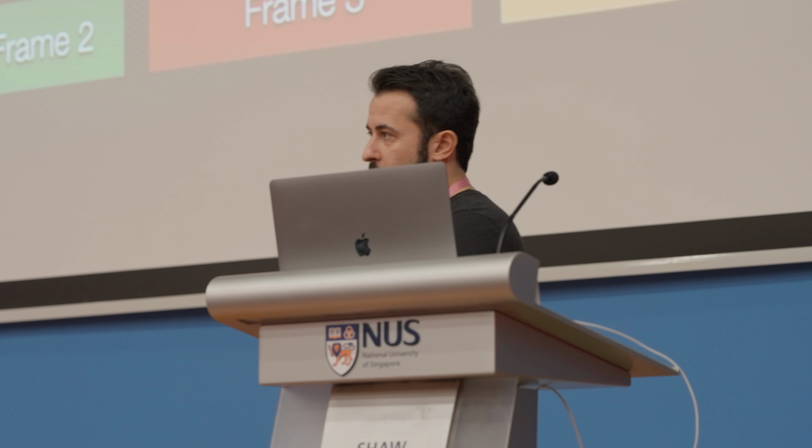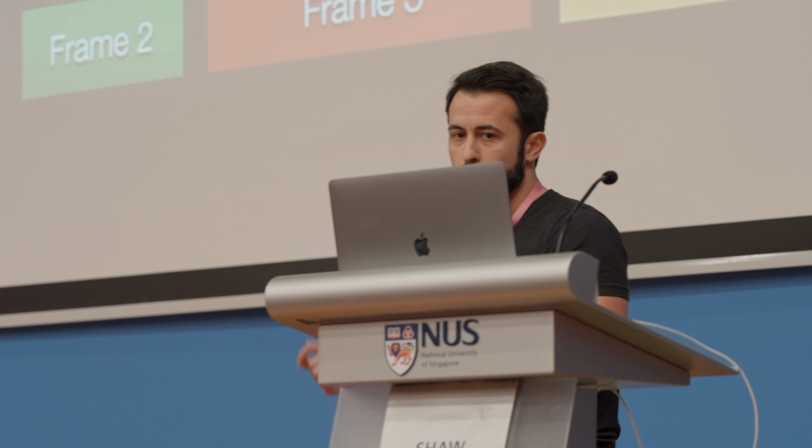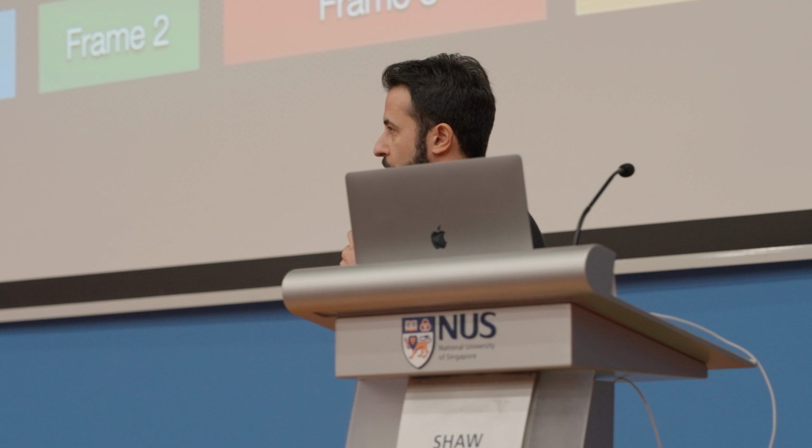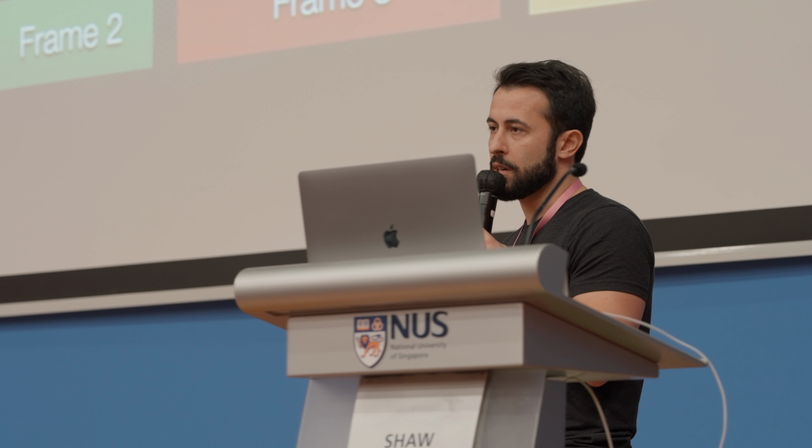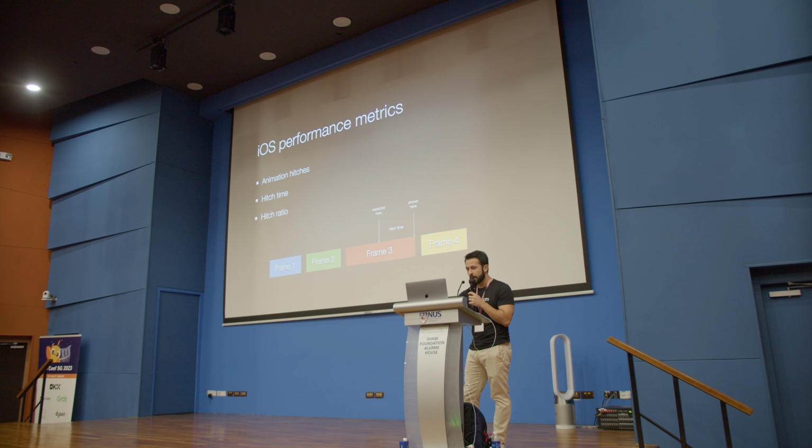The most comparable metric that Apple wants us to use is the hitch ratio, which is basically the ratio of hitches in milliseconds over 1 second compared to some other time interval. So yeah, that's about the theory.